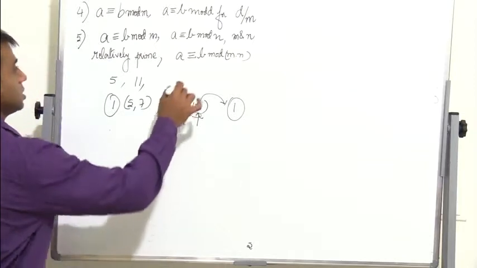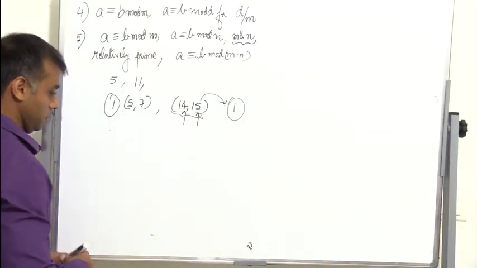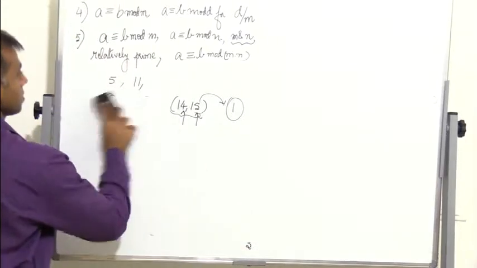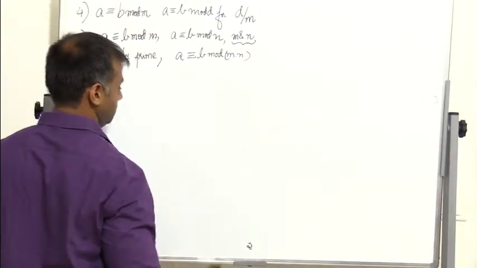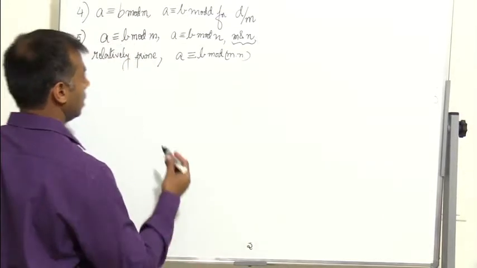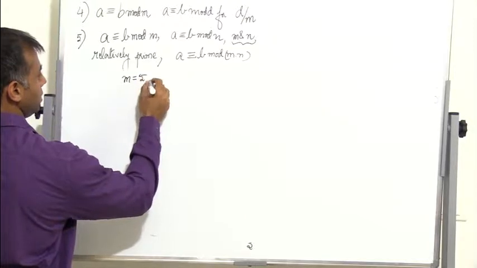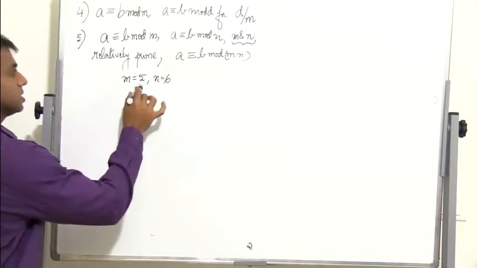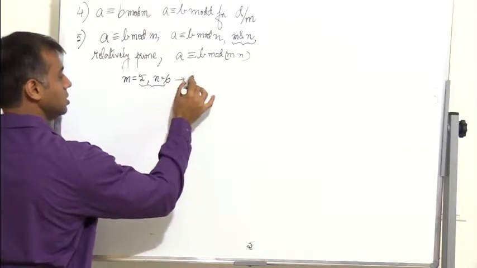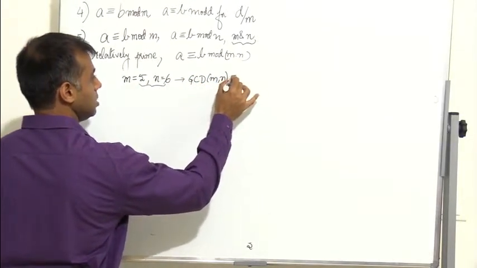So here we have considered two numbers m and n which are relatively prime. Let me consider m equal to 5, n equal to 6. So I find that these two numbers are relatively prime because GCD of m comma n, 5 comma 6, is equal to 1.